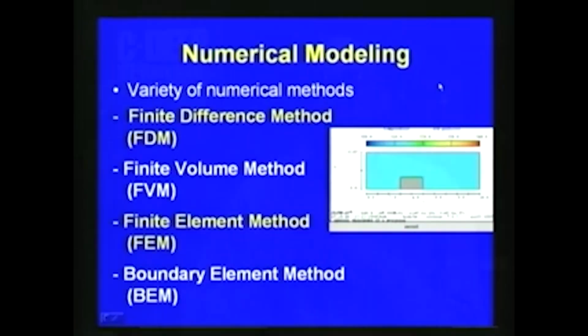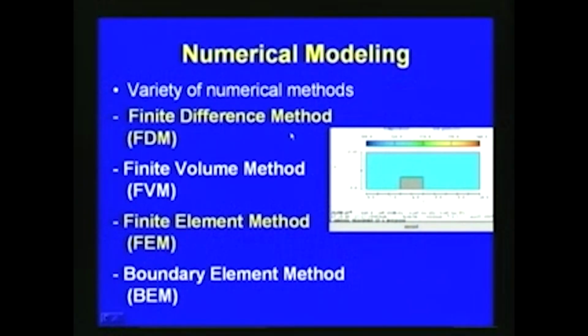Commonly, a number of numerical methods are available in the literature, but generally we use 4: the finite difference method, finite volume method, finite element method, and boundary element method. These are the commonly used numerical methods.